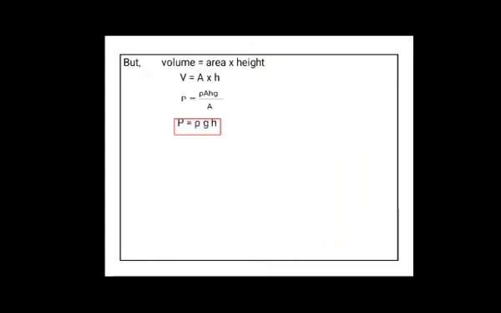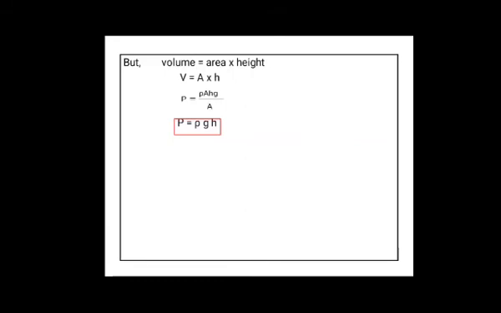What is rho here? It is the density of the liquid. And what is G? Acceleration due to gravity. And what is H here? It is height, or you can say depth inside the liquid. So what is the expression for liquid pressure then?